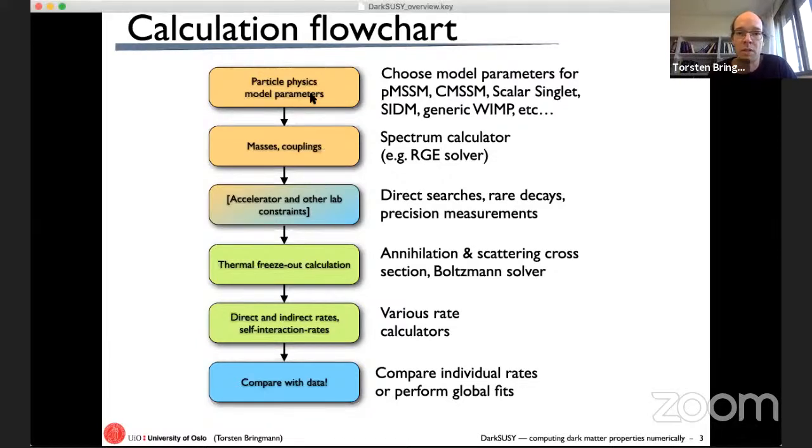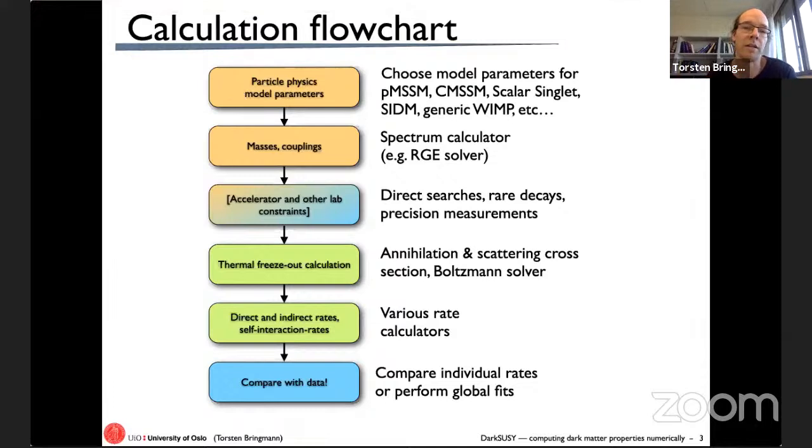You're interested in constraining some particle physics models. For example, you choose the MSSM, a supersymmetric model. You can also choose a scalar singlet model, some generic WIMP, whatever. But you have to specify what kind of model you're talking about. And you specify not only the type of model, but also a specific model point, if you wish, by giving the model parameters. Ideally, these are just the parameters that would appear in the Lagrangian.